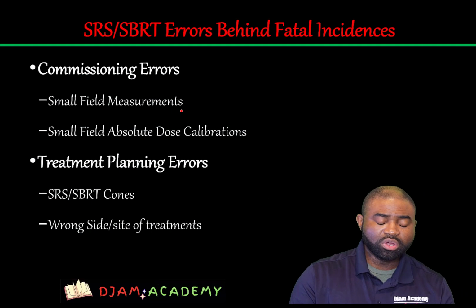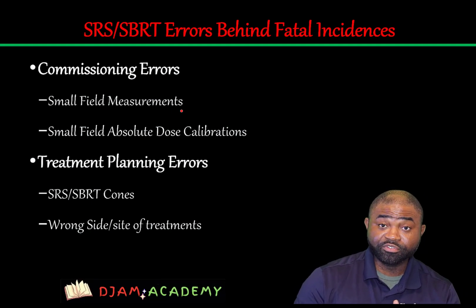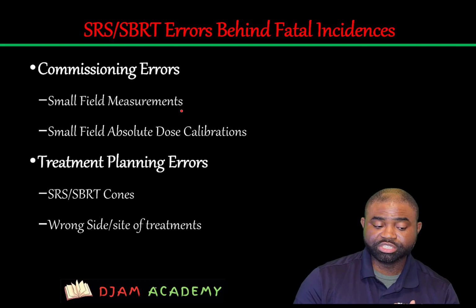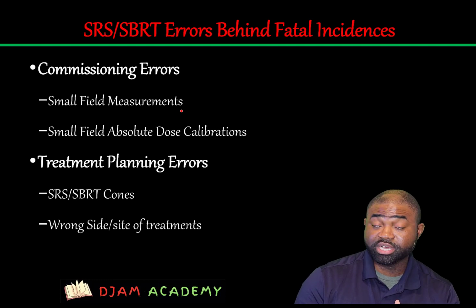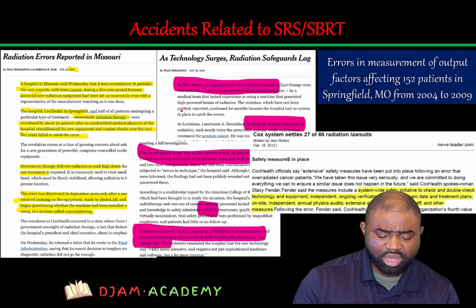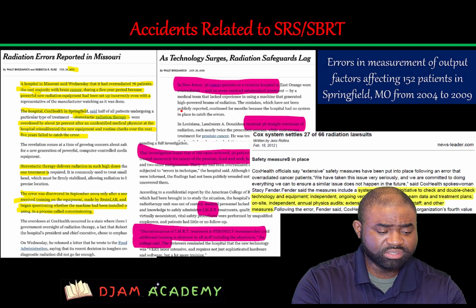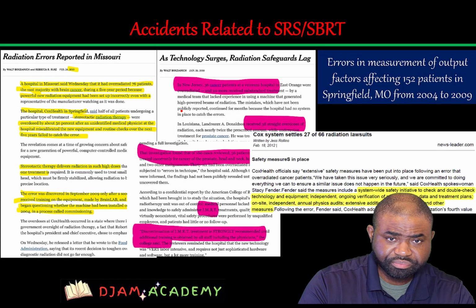And so commissioning errors that have been reported include small field measurements and small field absolute dose calibrations. Treatment planning errors include things like using the wrong cones or treating the wrong sites. In this example on the slide, there are actually quite a couple.